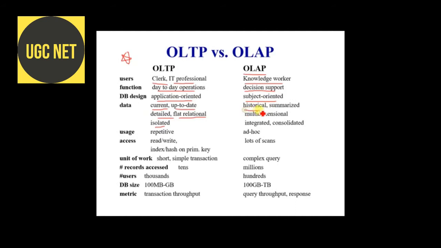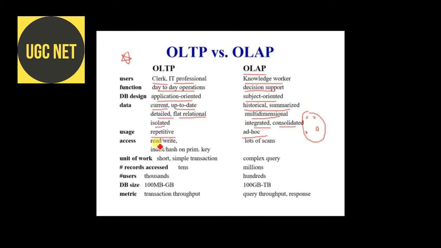In OLAP, historical, summarized, multidimensional, integrated and consolidated data should be there. The usage of OLTP is repetitive, whereas OLAP is ad hoc. Ad hoc means a group of data is there, and combined you can work on all that, or you can research all that.